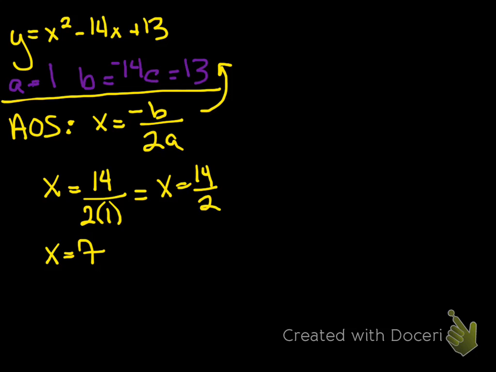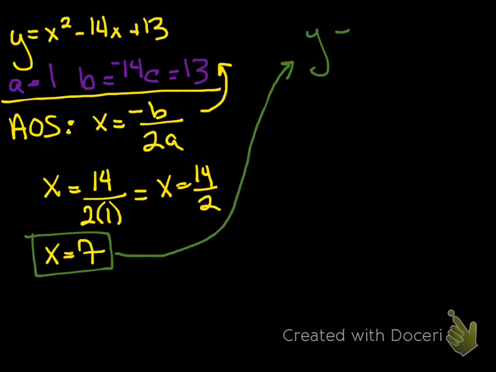So your x equals 7. So that means your vertical line goes through 7. All right, so remember what I said. The axis of symmetry always goes through the vertex. So that means that this x value is the x-coordinate of the vertex. All right, so now we're going to take it and plug it in. So here's our equation again. All right, so we're just going to take 7 and plug it in.